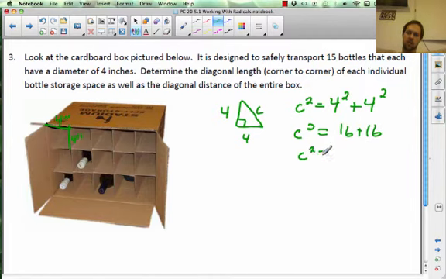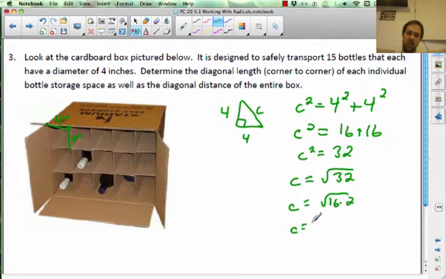C squared equals 32. C equals root 32. C equals the root of 16 times 2, and therefore C equals 4 root 2. So that is the length of a single diagonal, 4 root 2.